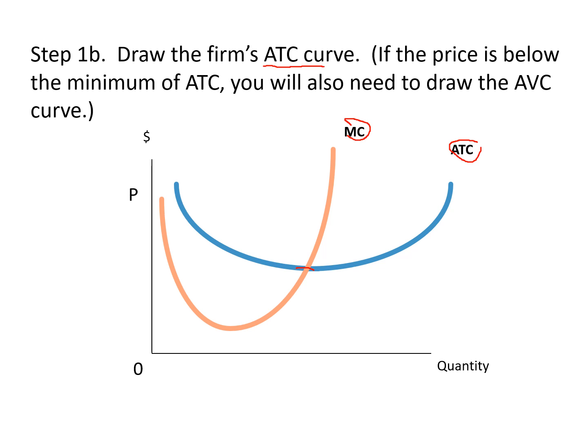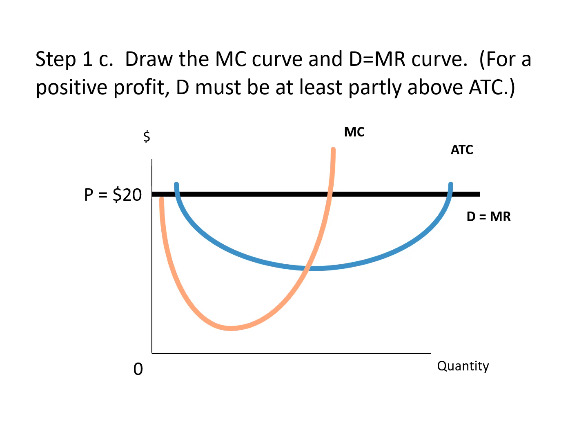So we can draw in the marginal cost curve as well. Next, draw in the demand curve. Remember, that's equal to the marginal revenue curve, and it's just a horizontal line at the price. So these two curves are equal, and it's just this horizontal line here.